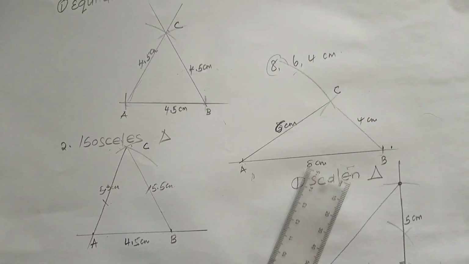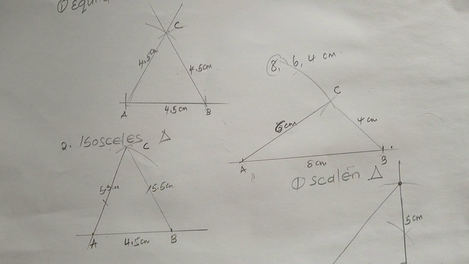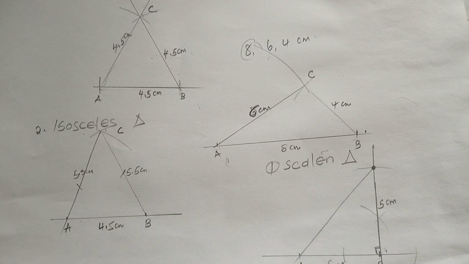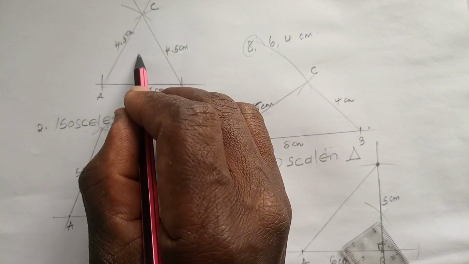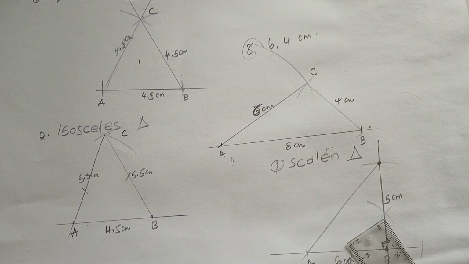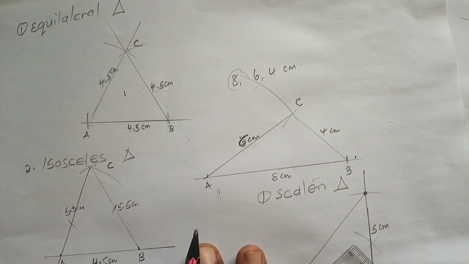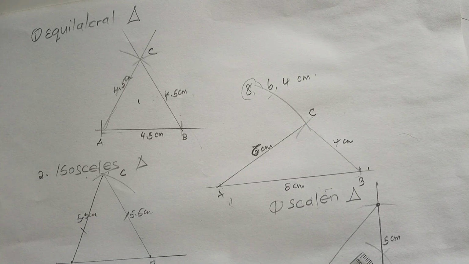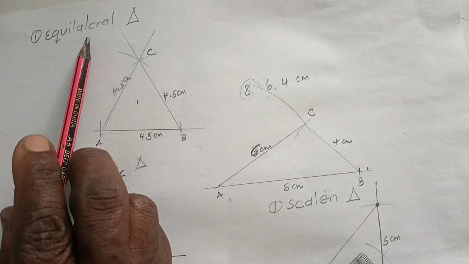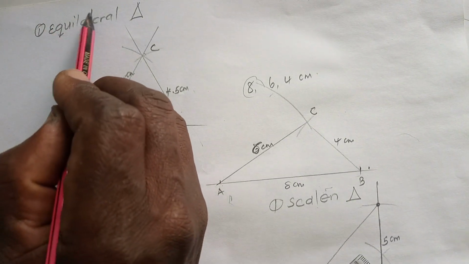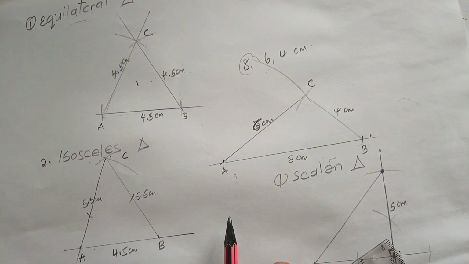So, in summary, we were looking at the construction of various triangles. We began with number 1, an equilateral triangle. Look at the spellings. Equilateral triangle, actually rectified it.